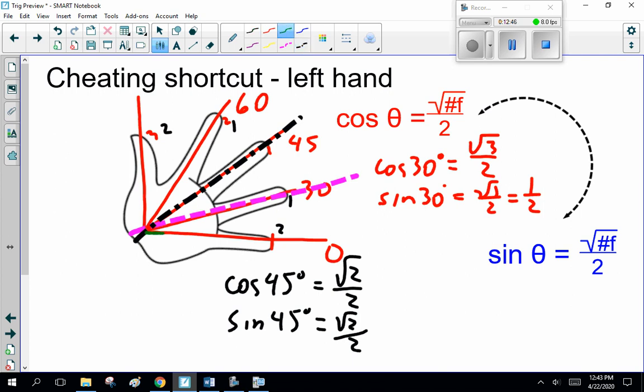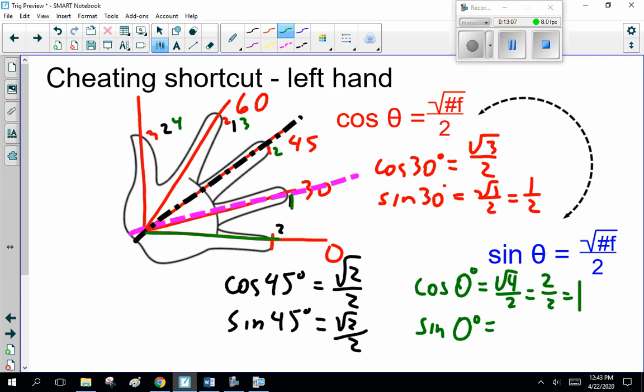Okay, what about 0 degrees? What is cos of 0? Well, we have 1, 2, 3, 4 fingers above. 4 over 2, which is 2 over 2, which is 1. And sine of 0 degrees, we have no fingers below, so the square root of 0 over 2 is 0. If you don't believe me, check your calculator.